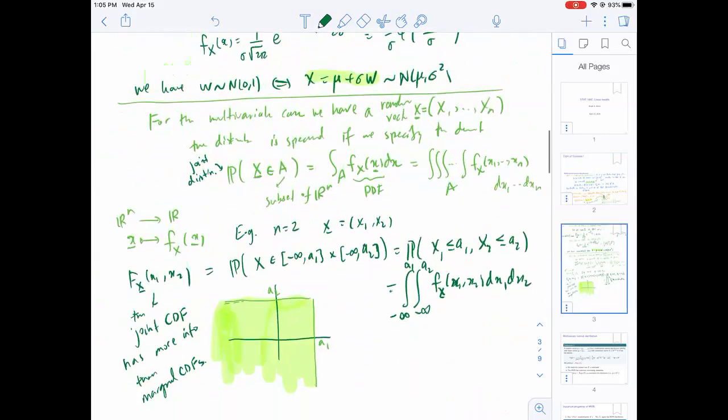But to compute these joint probabilities, basically the probability of events that involve statements about both random variables, so here I have an event that says this holds about x1 and this other thing holds about x2, I need the joint distribution, or this joint PDF. You just emphasize that this is the joint PDF to make sure. It's just a PDF, but joint is just for emphasis.